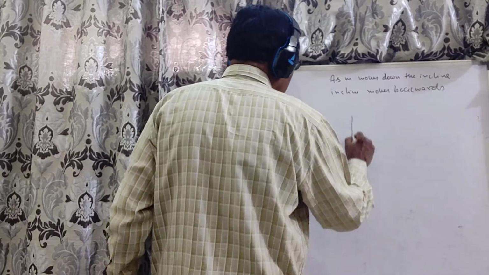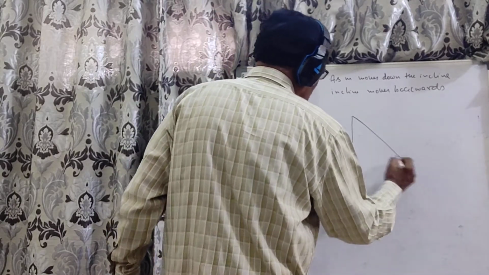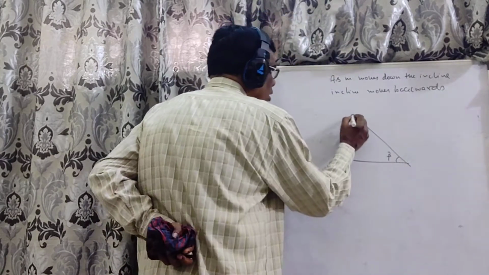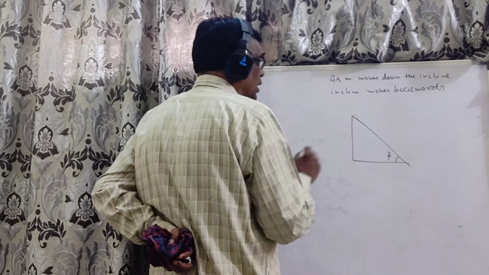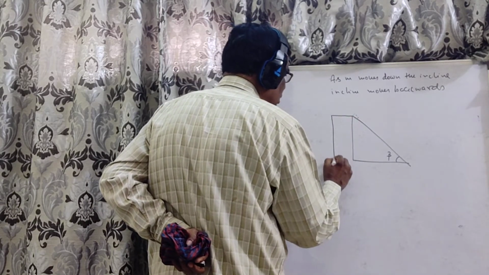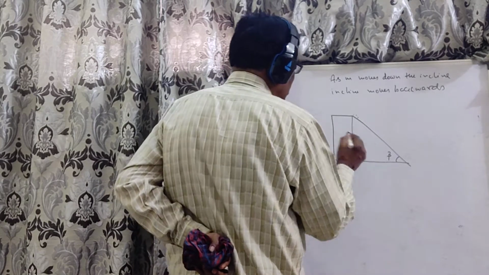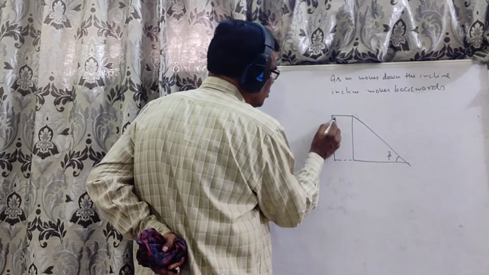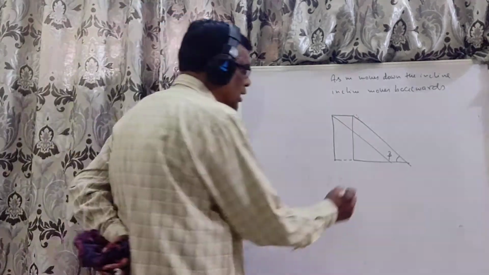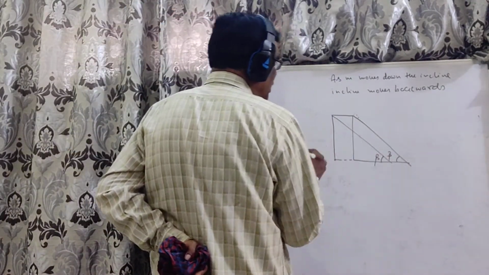I'll put the diagram here. You have to draw these things perfectly. This is how the body started. After some time, let us say, this inclined surface has moved. I think you can easily visualize the diagram. This is beta.